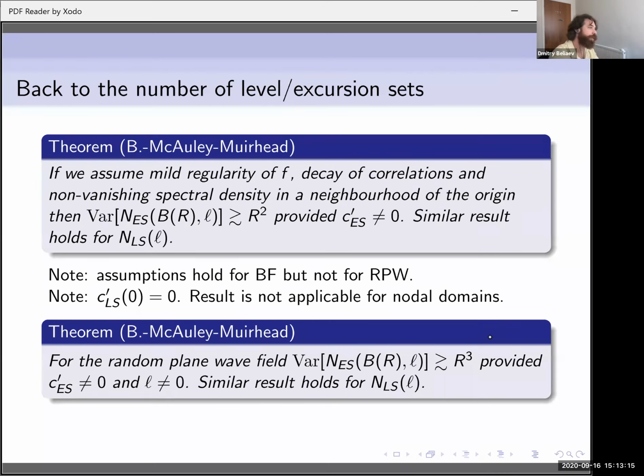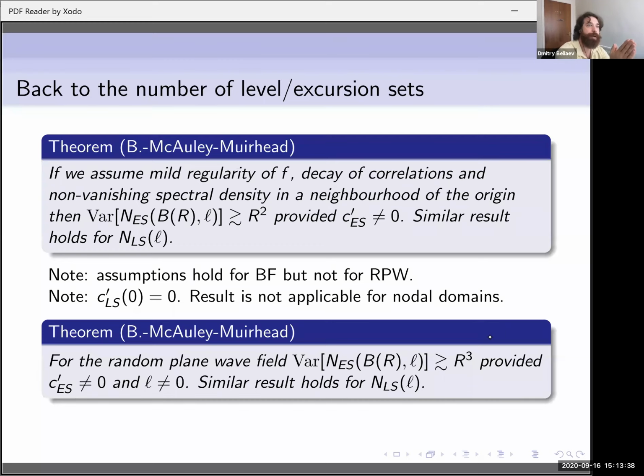And another thing is that for any field, C_LS is an even function, so its derivative at 0 is 0. So it means that our result is never applicable for nodal lines.